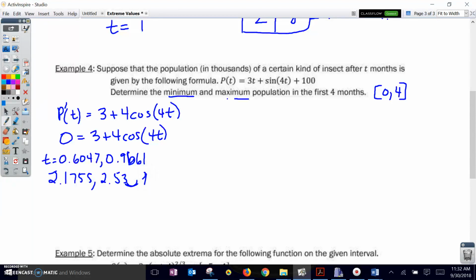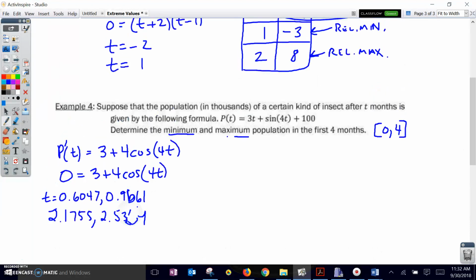Come on, just write a 6 there. Maybe it won't. Try again. Found a dead spot on my screen. 2.5369.